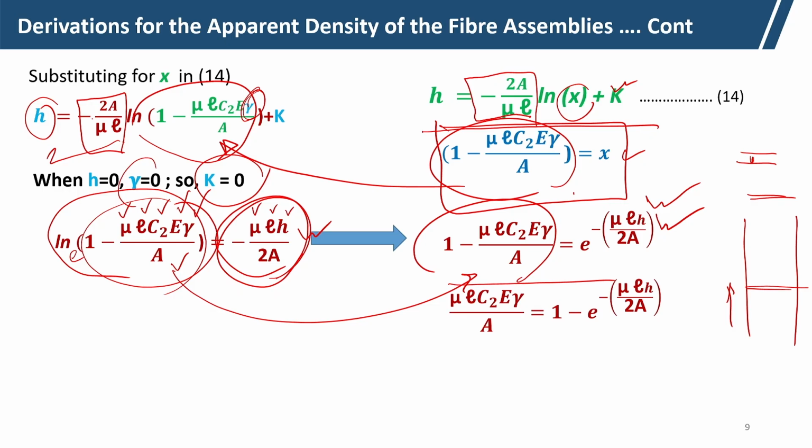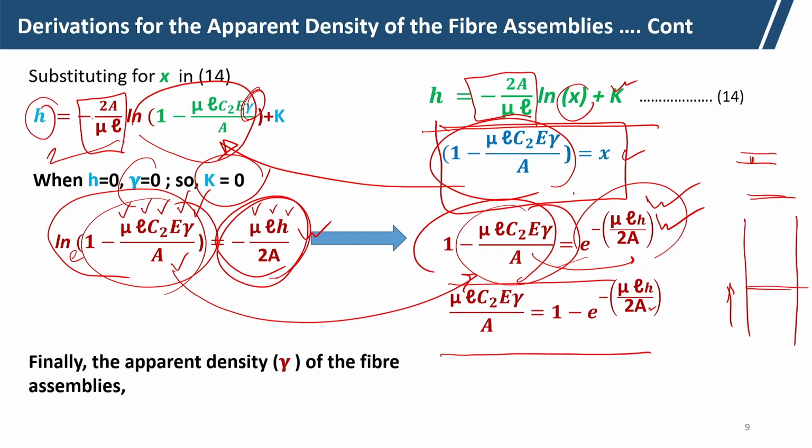If we rearrange this, taking this portion to the right hand side and this portion to the left hand side, we will get this equation. That means, mu L C2 E gamma by L equal to 1 minus E to the power minus mu L h by 2a.